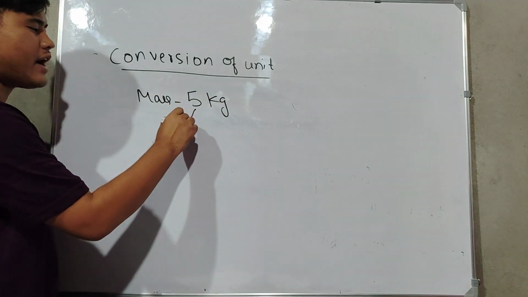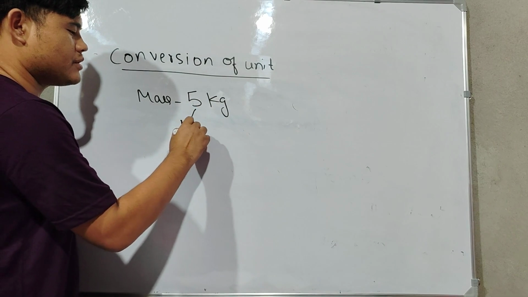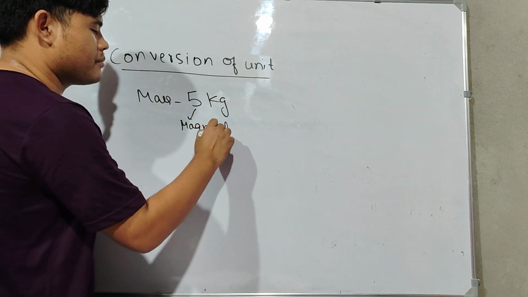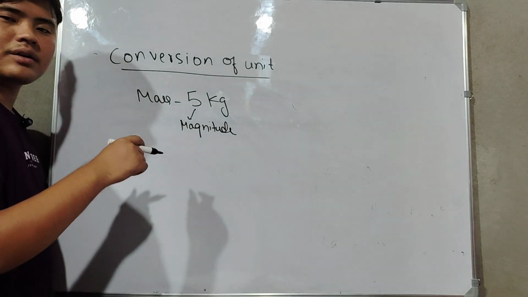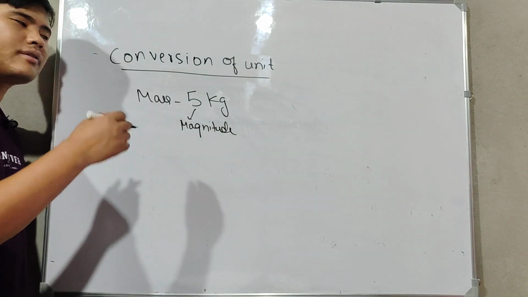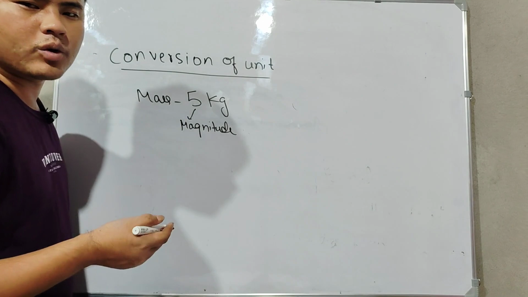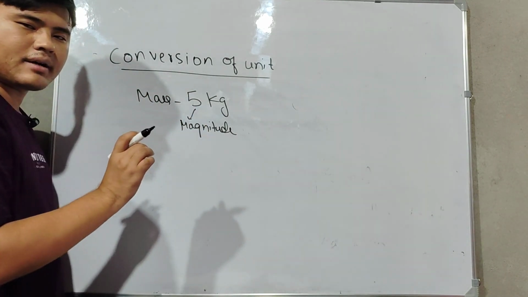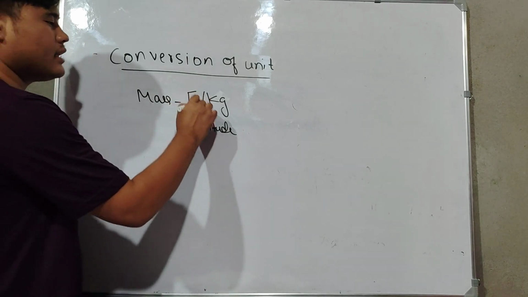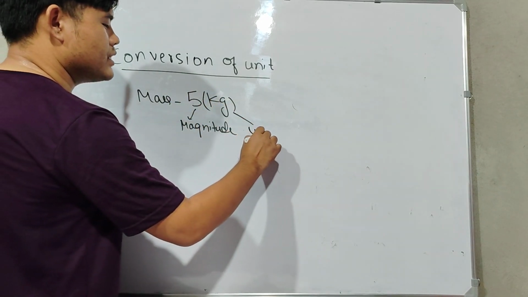So this 5 is called the magnitude. Magnitude means number, any number. Whenever we represent any physical quantity, whatever number comes, that is the magnitude, and obviously we know this is the unit.